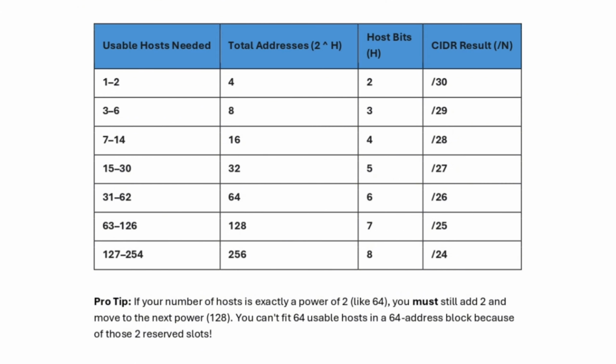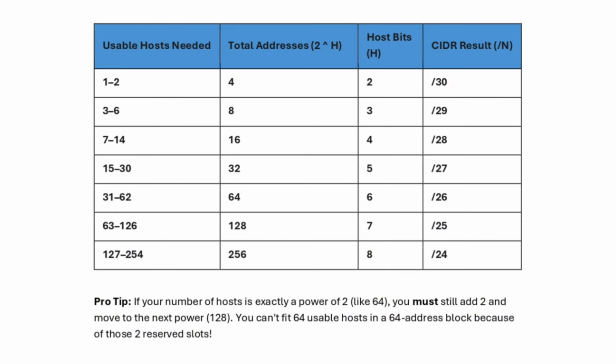So we know that 2 power 8 equals 256. We take that 8 from the power and subtract it from 32, 32 minus 8, which gives /24. So we got the CIDR result as 24, and so on. For other ranges, like between 63 and 126, we take the nearest higher value of 2 power h, which is 128, which is 2 power 7.